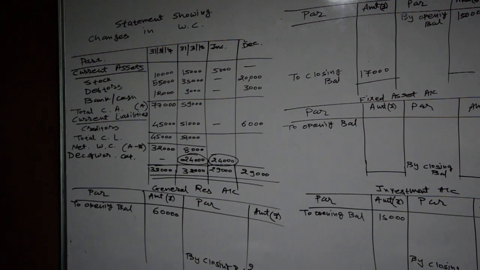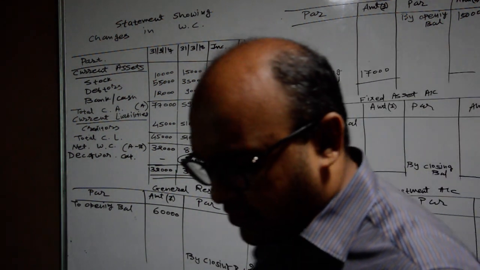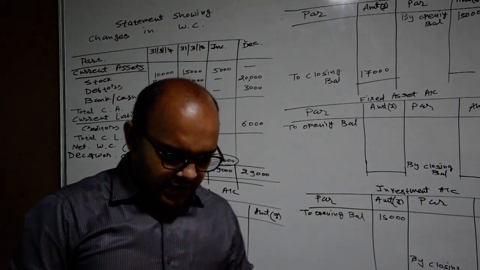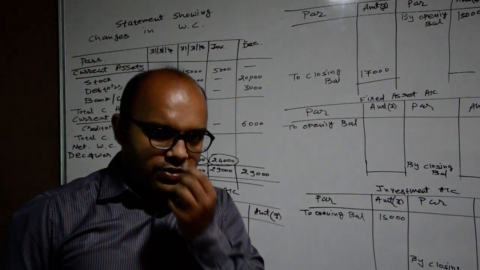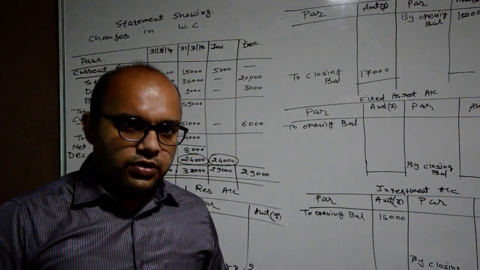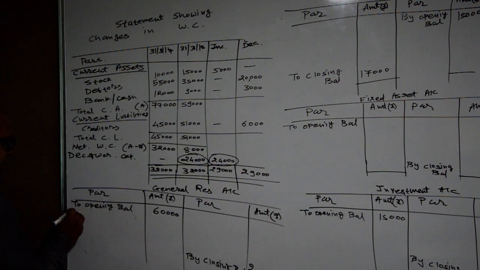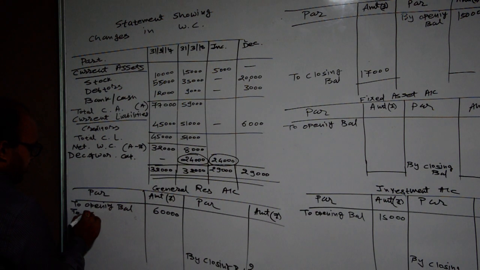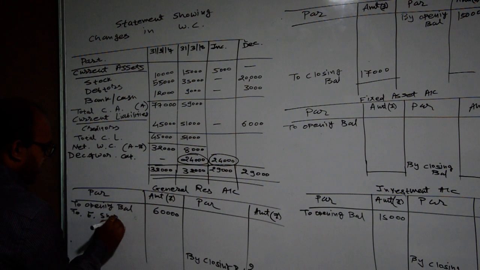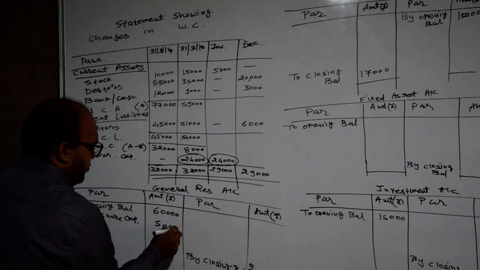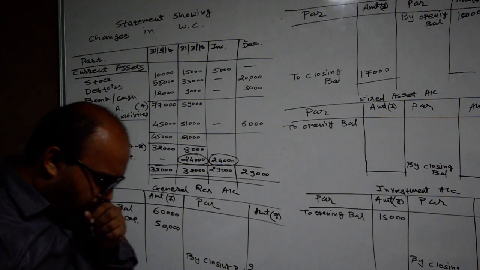Our first adjustment was the issue of bonus shares for rupees 50,000. The journal entry will be general reserve account debit, 50,000, to equity share capital. Here in the general reserve account, the debit side effect will be given, and the effect to equity share capital, 50,000 rupees.